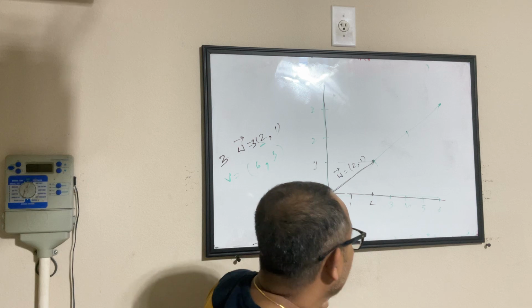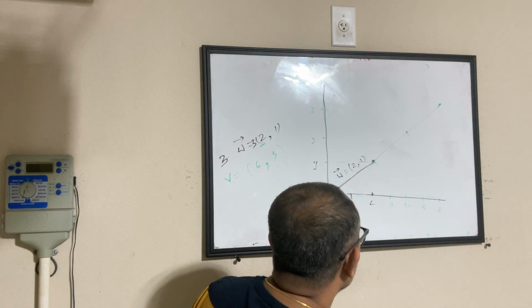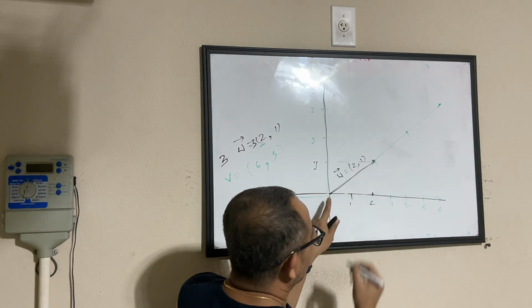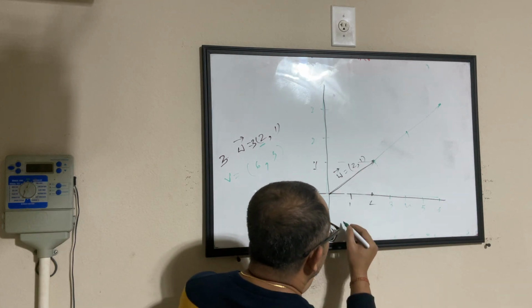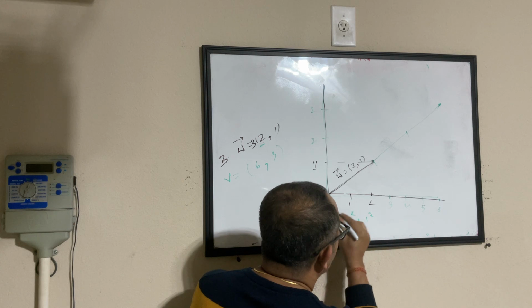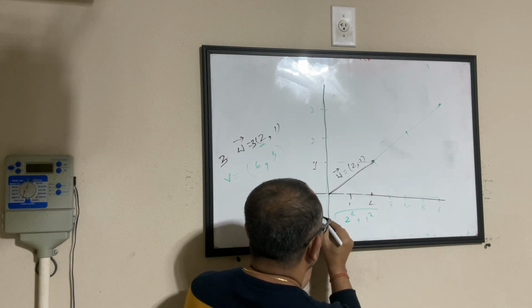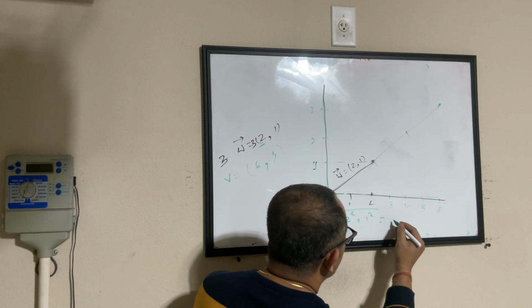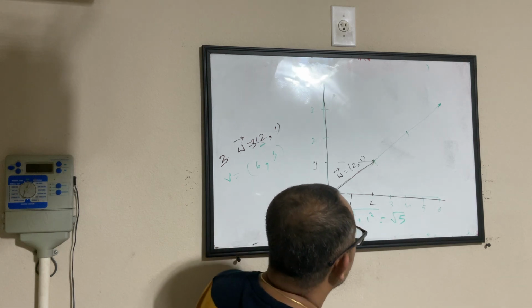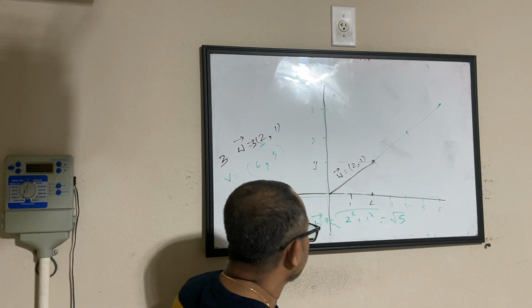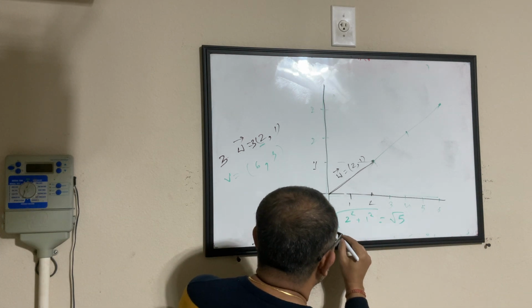If you want to look at it mathematically also, it will be the same. This was the vector W, right? If you look at the magnitude of this guy, it will be what? The square root of 2 squared plus 1 squared. This will be the magnitude of W, which is nothing but the square root of 5. Now you look at this guy. Magnitude of this guy will be what?